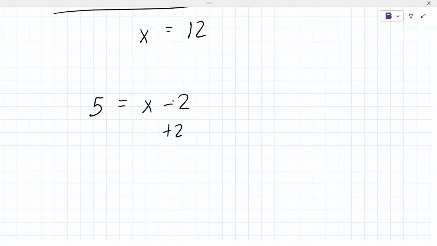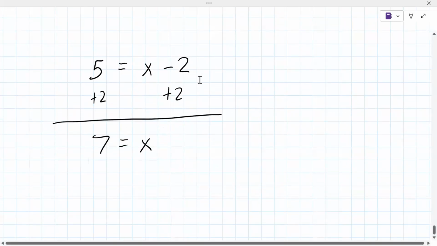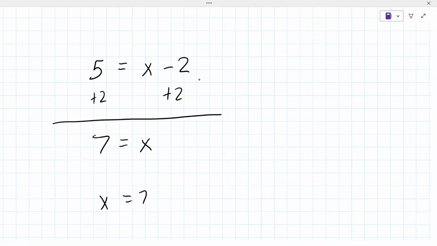You're going to add 2 to both sides of the equation. So you look at the side with the variable and you undo that. What is 5 plus 2? 7. So from here, because this is awkward, you flip it, it's x equals 7. Any questions on that? Thoughts on that? No. Okay.